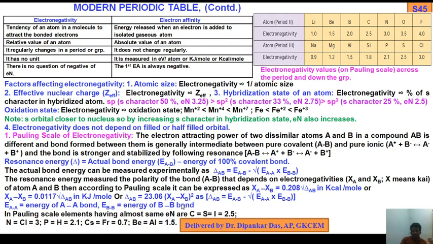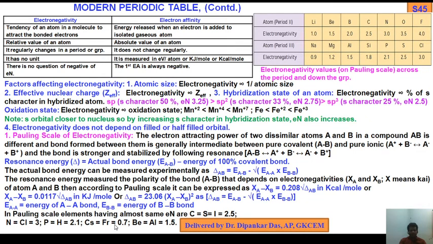Okay, so these are the three expressions of the Pauling scale of electronegativity. We should remember these expressions, because there are so many problems in the final exam and internal exam. So this is very important for both.